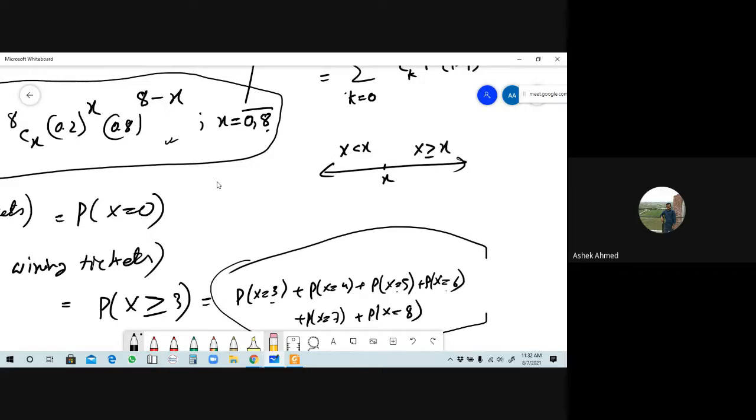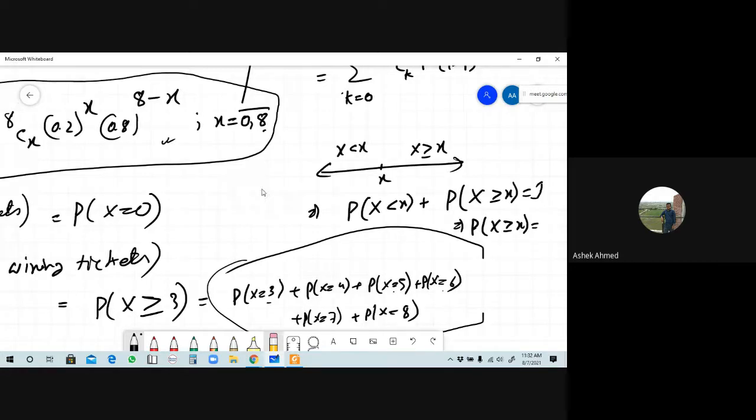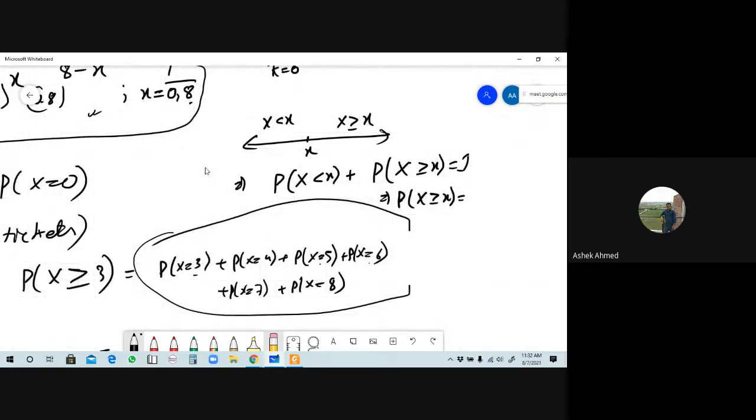From here we can say that, by using probability, the probability of capital X less than small x plus the probability of capital X greater than or equal to small x, the sum will be 1. So the probability of capital X greater than or equal to small x will be what? Response me. 1 minus the probability of capital X less than small x. Is it right? Response me. Yes, sir.